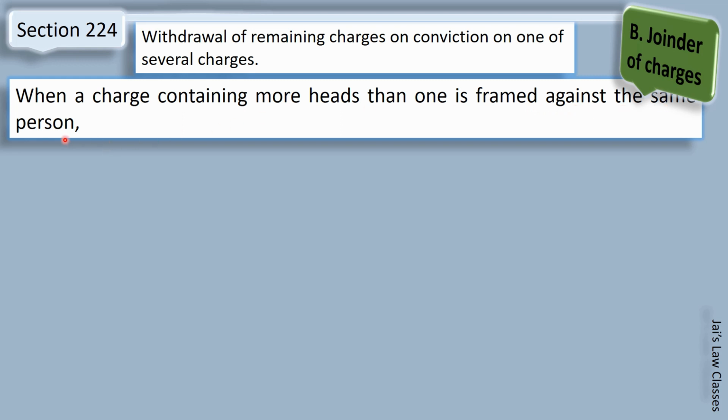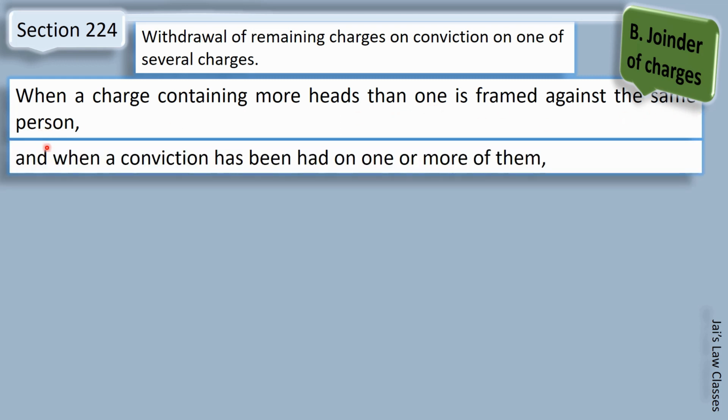Okay, when there are more than one charges against the same person, the section further says, and when a conviction has been had on one or more of them, which means there can be a situation when a person is charged under many sections, but on conviction, he is convicted only for one of the charges made from many charges, or more of them means maybe 2 or 3, but not for all of the charges.